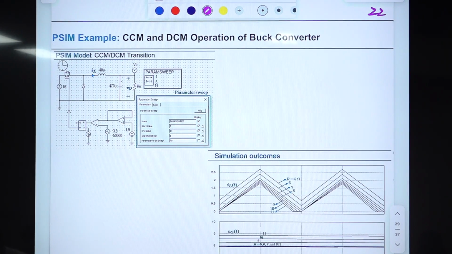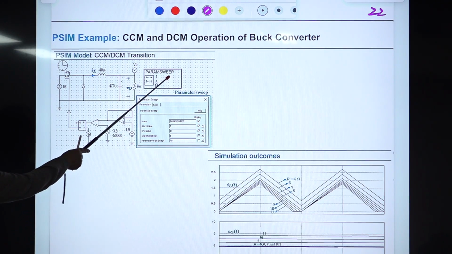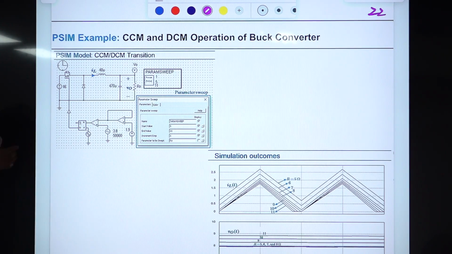Okay. This is a PSIM simulation example. Maybe sometime next week, I'll show one demonstration of using this. This is a PSIM file. This is the parameter sweep option. If you add this, there is an option to change one or multiple circuit parameters.